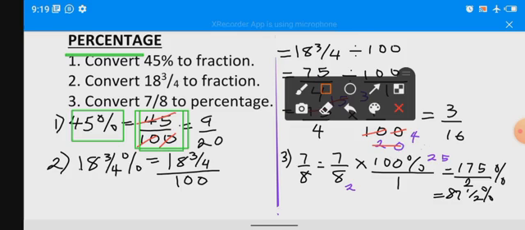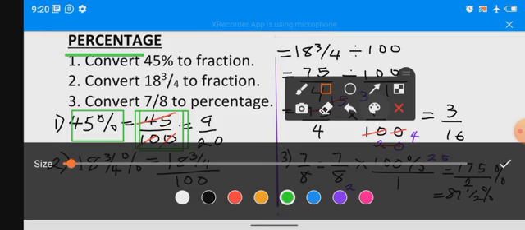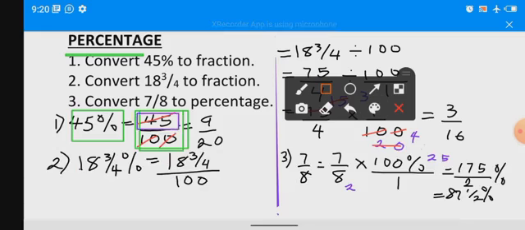A fraction has a numerator and a denominator. This is the numerator, 45, and 100 is the denominator. Now, having done that, we reduce the fraction to its lowest term.